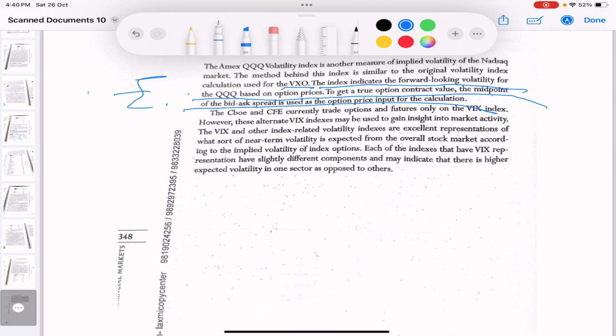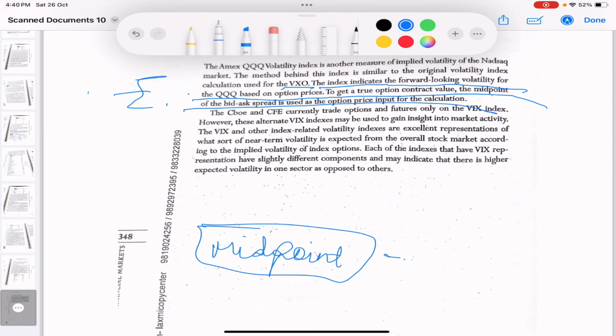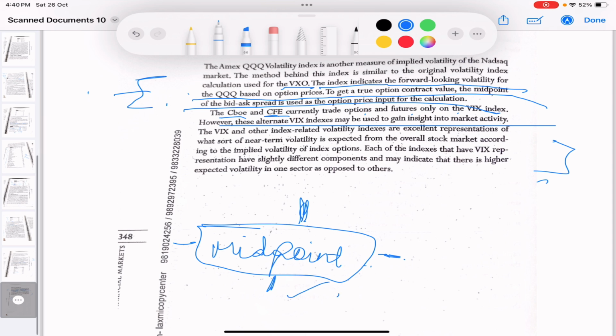Okay, so in the AMEX QQQ volatility, the midpoint of the option prices is taken into account. Okay, and the CBOE CFE currently trade options and futures on the VIX index. However, this alternate VIX index may be used to gain insight into market volatility, but the AMEX is a better measure to check the volatility, because here they use the midpoint when they're calculating.